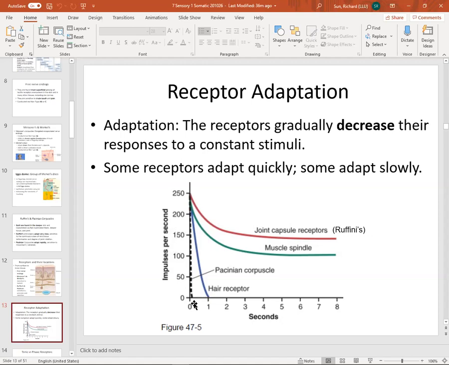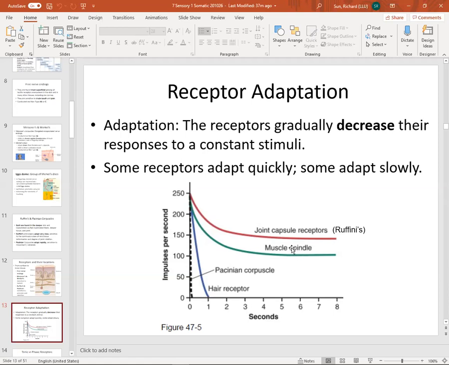So it doesn't send signal to the brain anymore. Adapt very fast. Hair receptor adapts about a minute later. So when you put your hand on, you would not feel it a second later.